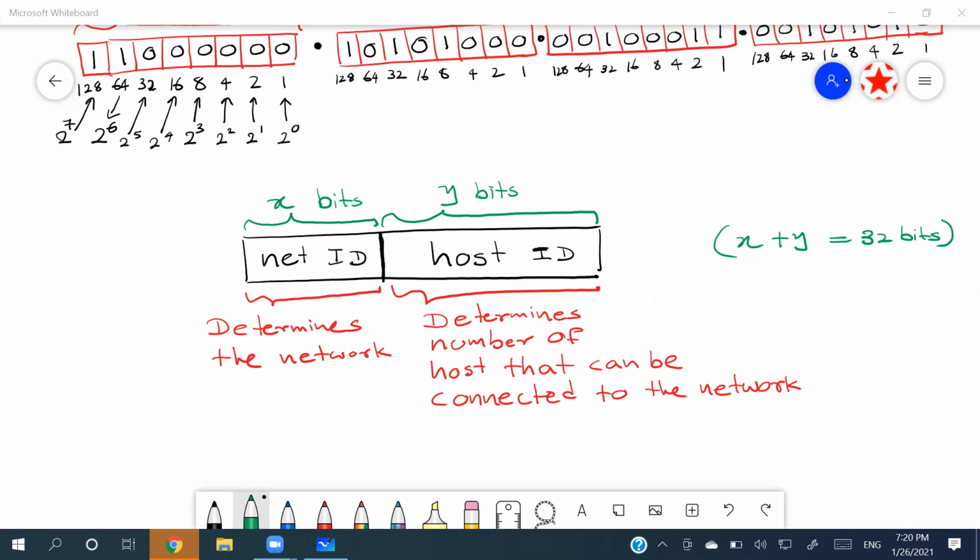And there is a concept called classless IPs as well.